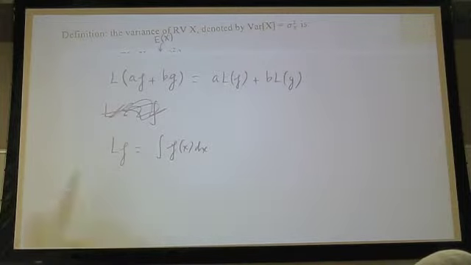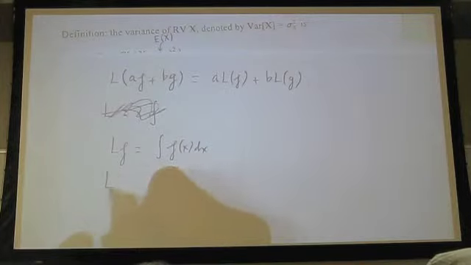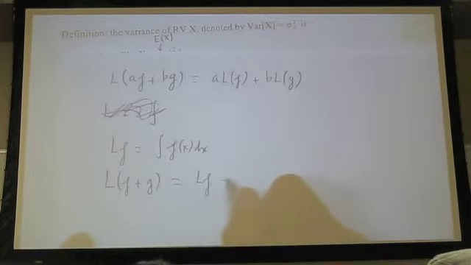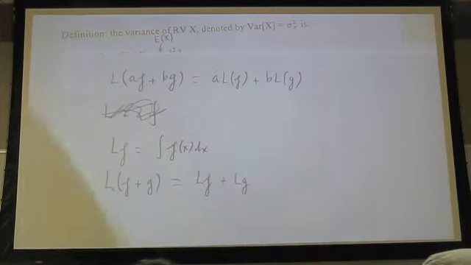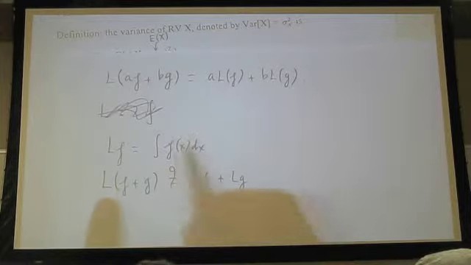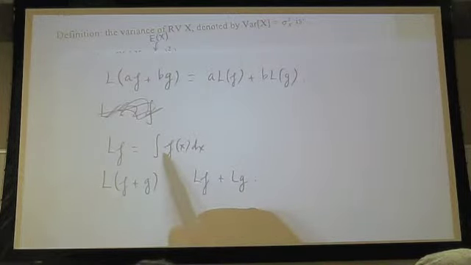I claim that this thing right here is linear. What do I have to check? I have to check that L acting on f plus g is the same thing as Lf plus Lg. In other words, distribute out, hence the term linear. Now, how do I prove this? Well, L is the integration operator.